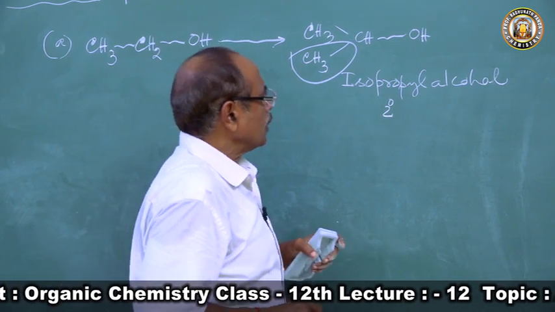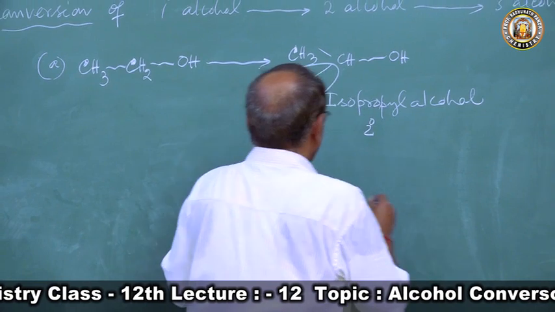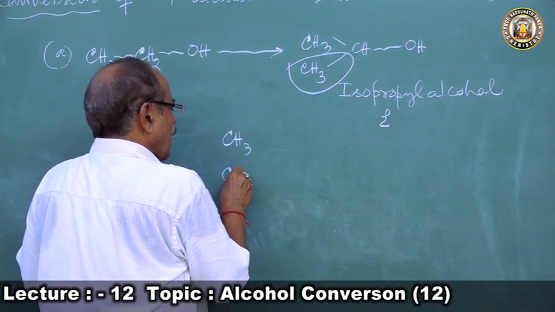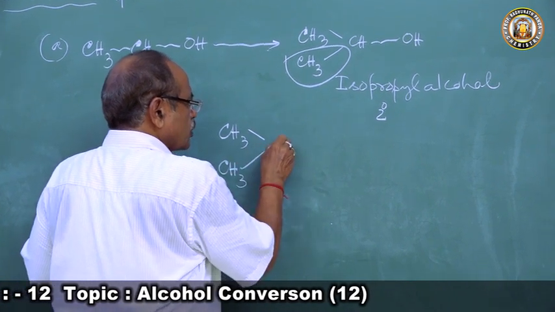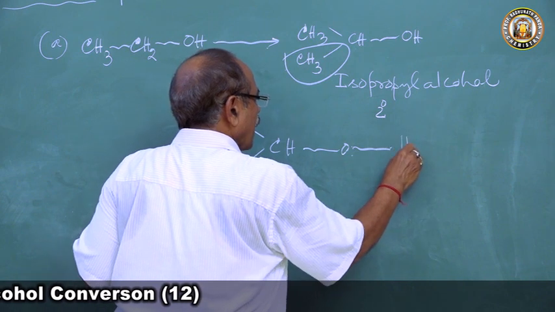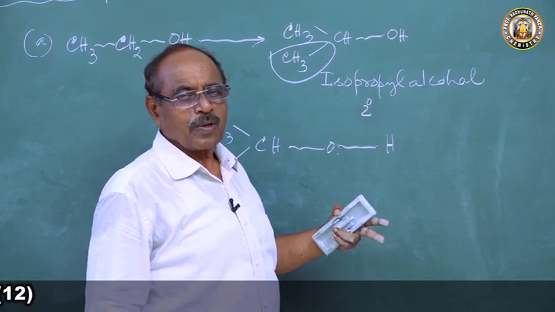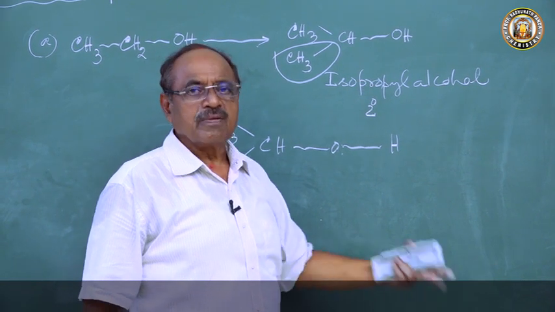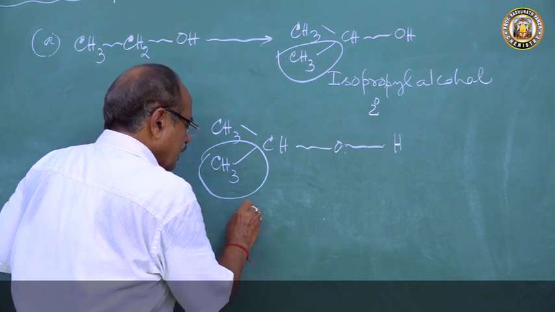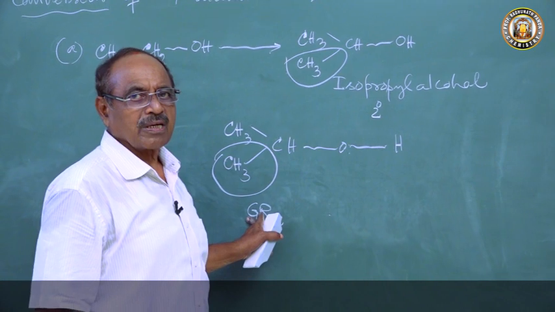Then how to do it? What is the comparison now? You want to prepare isopropyl alcohol. I have been telling you, most often the question gives us the answer. If you ask the question once, twice, thrice, the question will give you the answer. Now, this alkyl group, methyl group, we can introduce by Grignard reagent synthesis, precursor of carbanion.